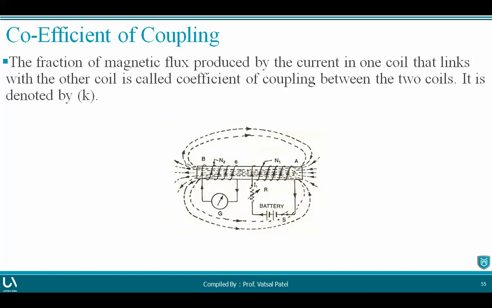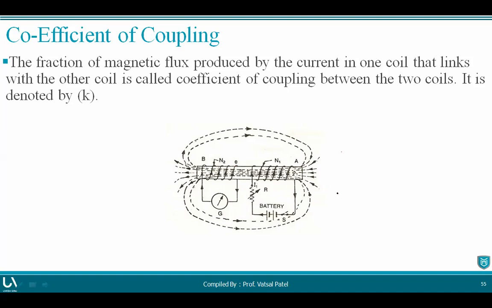It is denoted by K. So you can remember this definition: the fraction of the magnetic flux produced by the current in one coil that links with the other coil is the coefficient of coupling between these two coils, denoted by K.